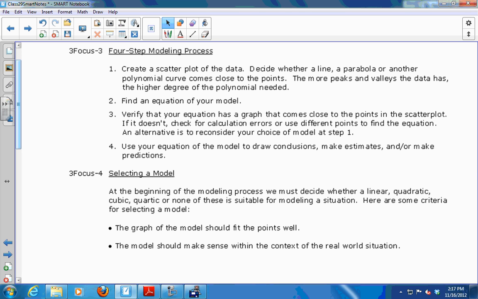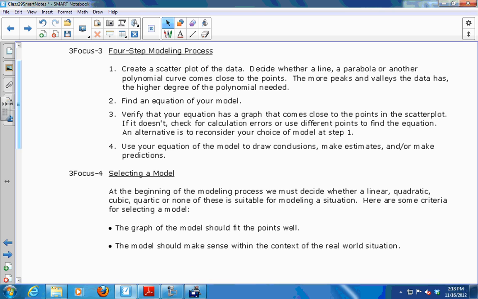To decide which one you want to use, you look at the peaks and valleys. Last class, we said that a polynomial of degree n has at most n-1 extrema, peaks and valleys. So if you have 3 peaks and valleys, you're going to need at least a 4th degree polynomial. So you're always going to count the peaks and valleys and go one higher on the degree.